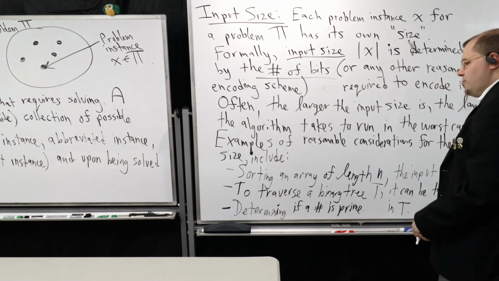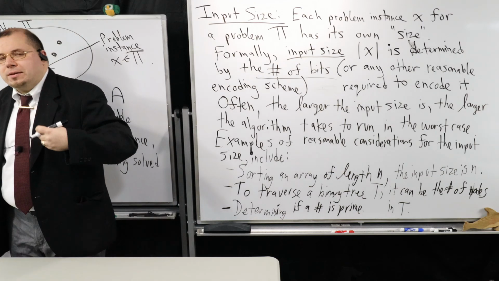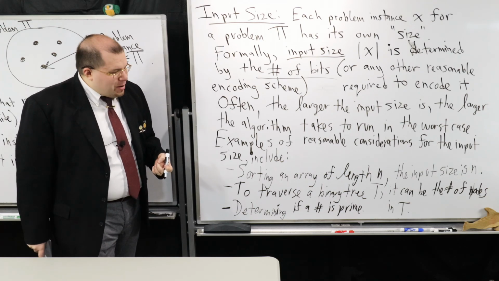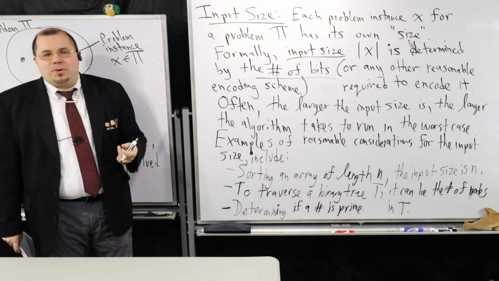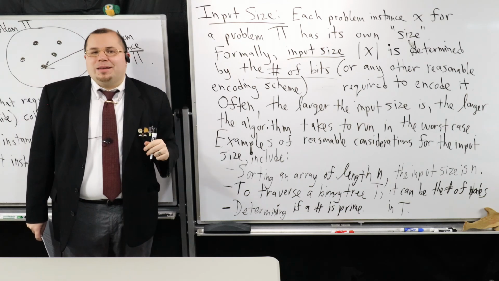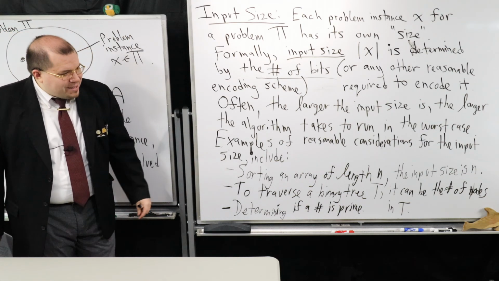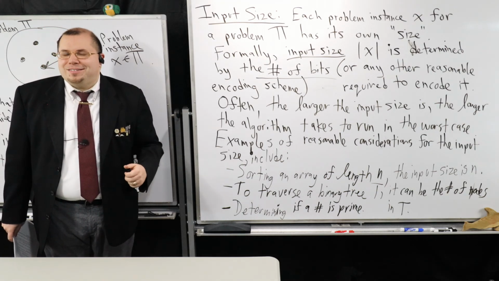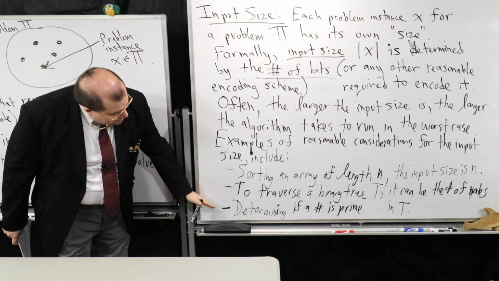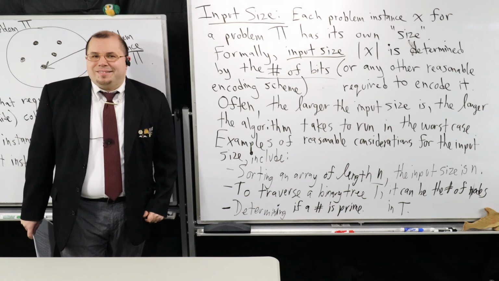If the only input I'm given is an integer, do we have to be a bit more careful about how we measure the input size? Remember, I'm only given a number, and most certainly the algorithm is going to have to examine that number. So in this case, do I have a whole bunch of elements to look at, or just one? I just have one. But when I examine an algorithm that checks if a number is prime or not, it's most certainly going to examine it.